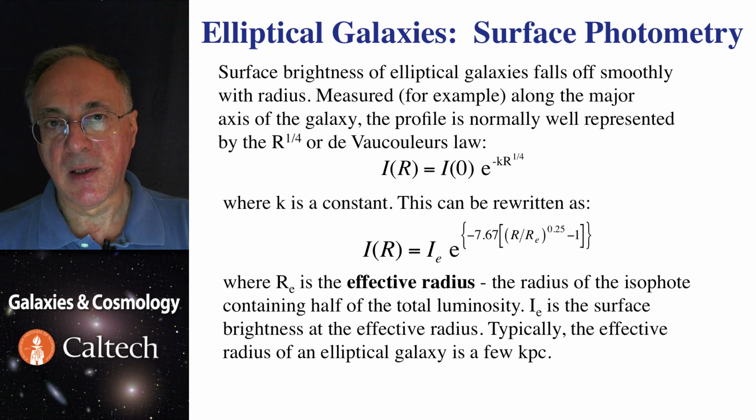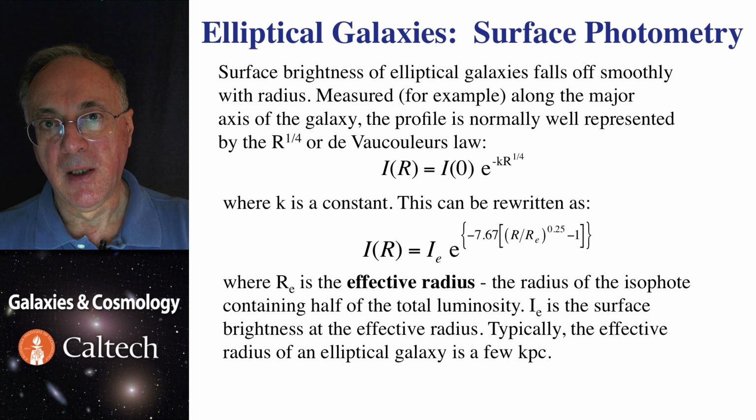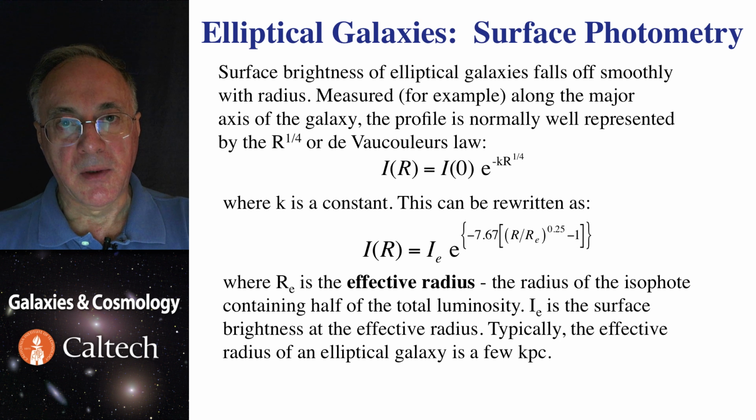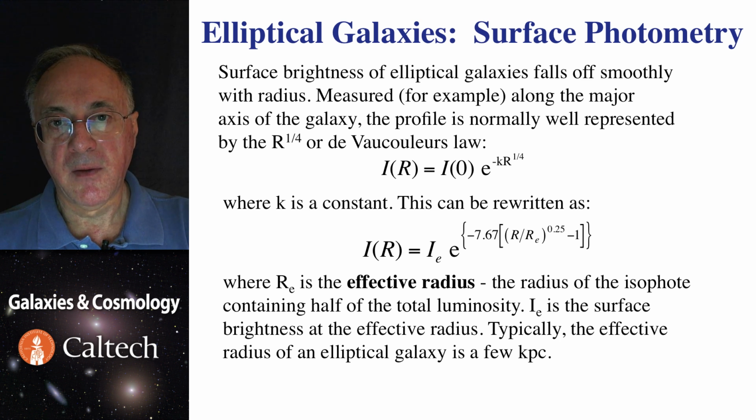It says that the log of the surface brightness, which is luminosity per unit area, is proportional to radius to the -1/4 power, or sometimes called the R to the 1/4 law. There is a parameter involved, and that is called the effective radius.